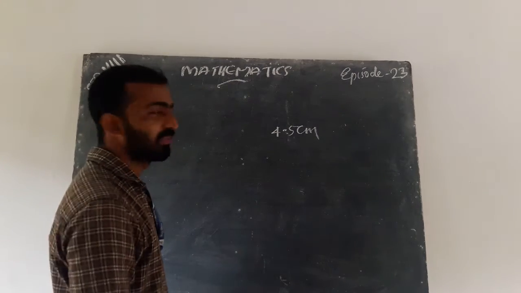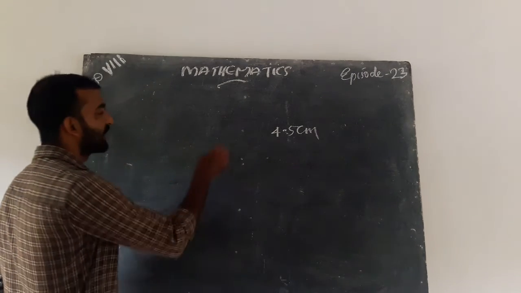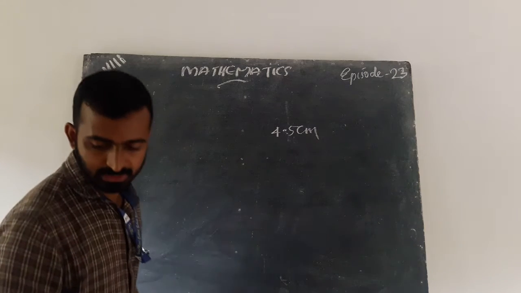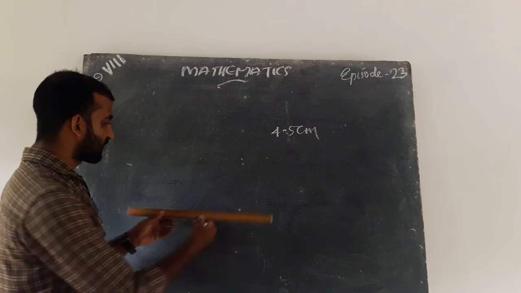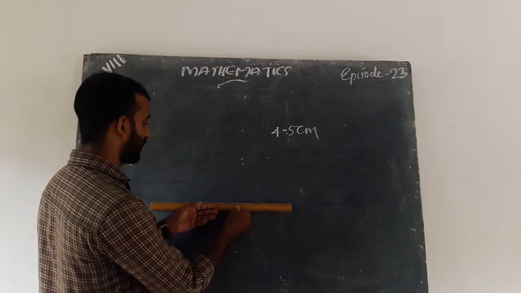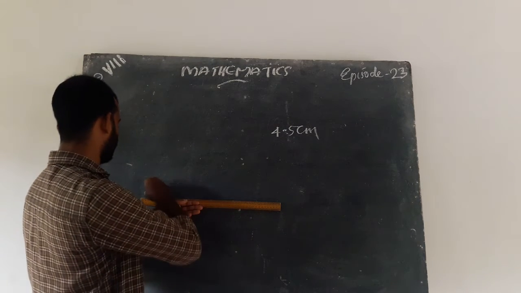Can we start? Here we want to construct a square with side 4.5 centimeter. First we draw a line of 4.5 centimeter.